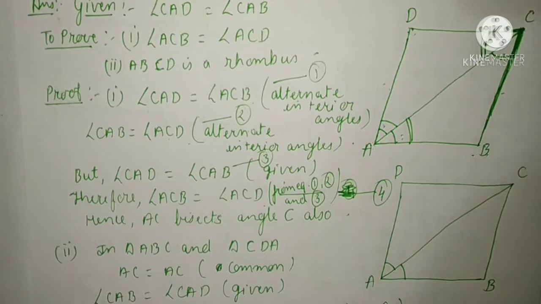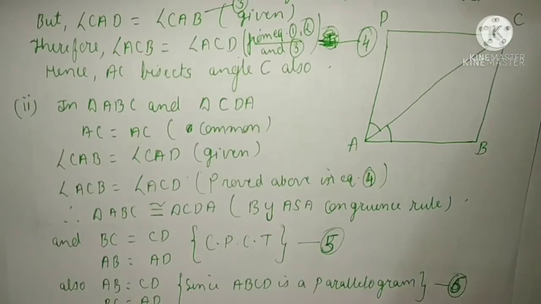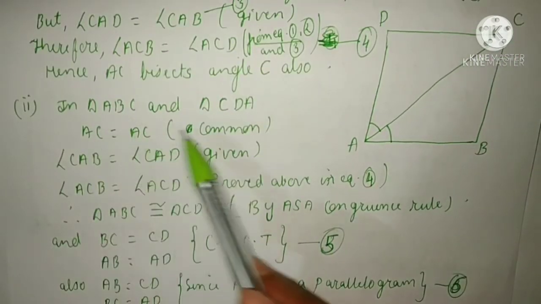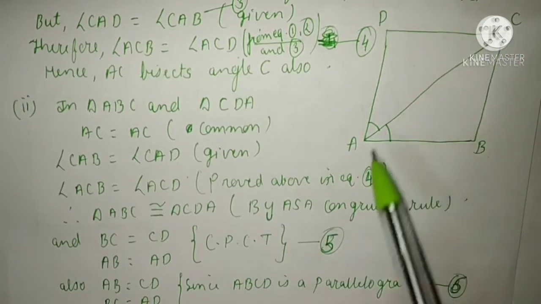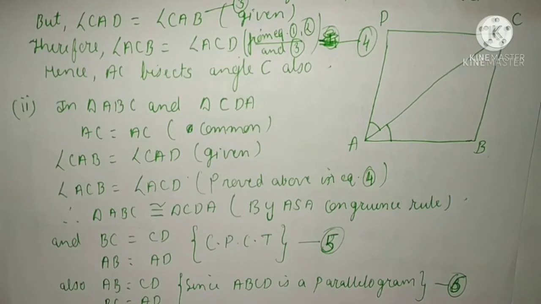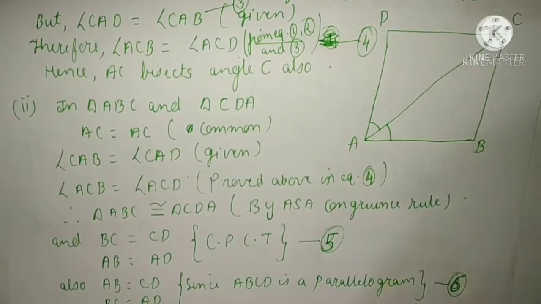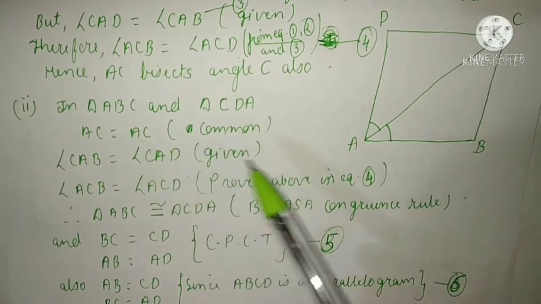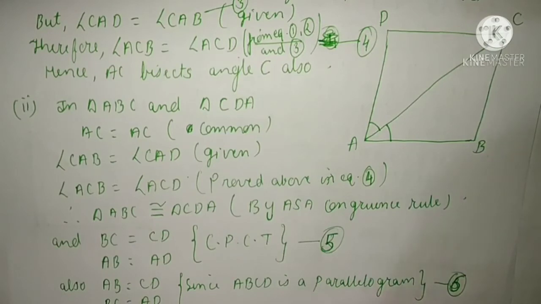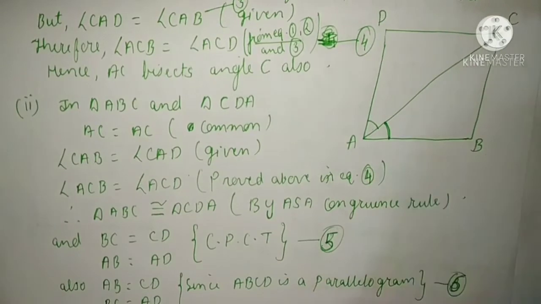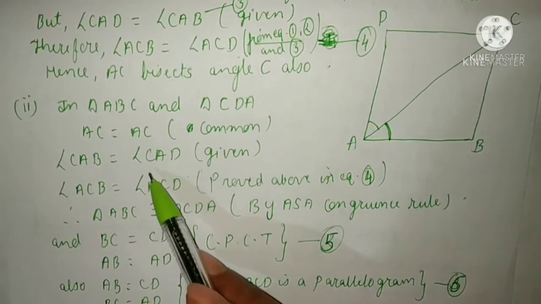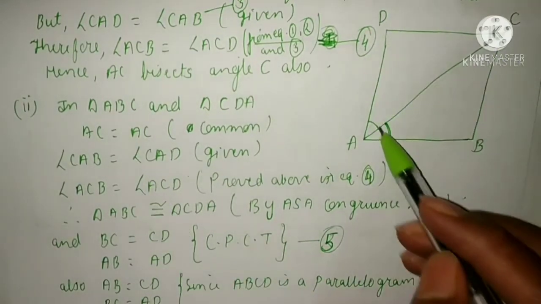Now let's see the second part. Now take triangle ABC and CDA. In these two triangles, AC is common, so AC equals to AC common. Then angle CAB, this angle, is equals to angle CAD, this angle.